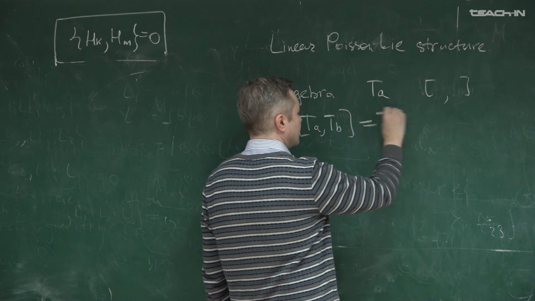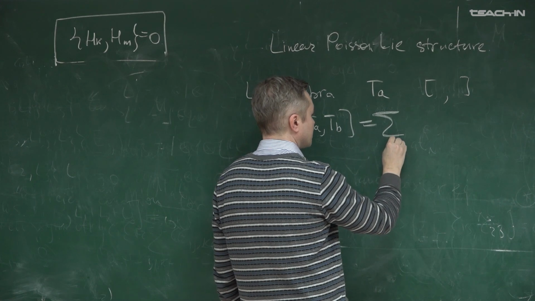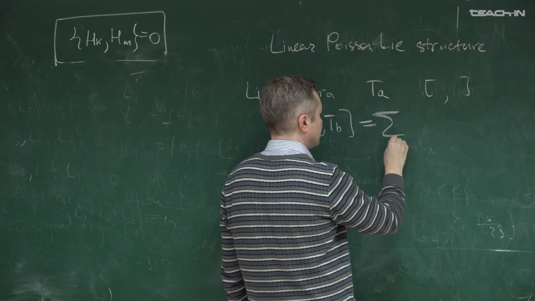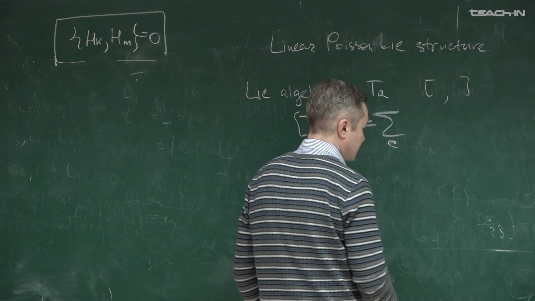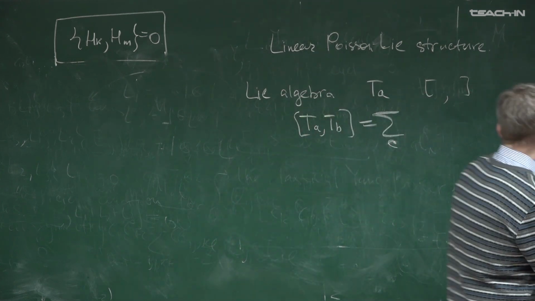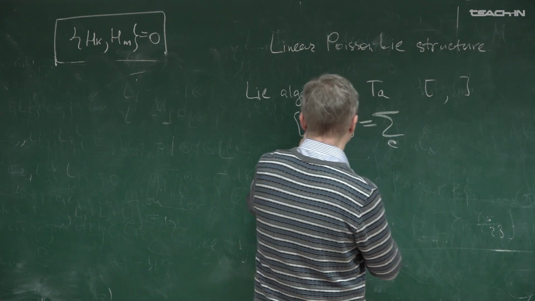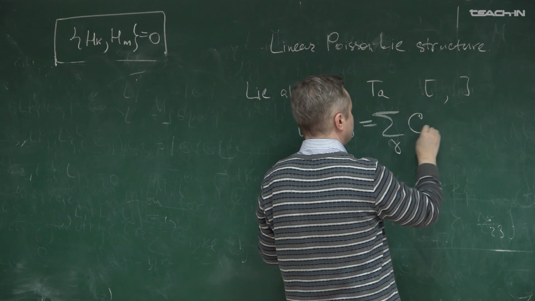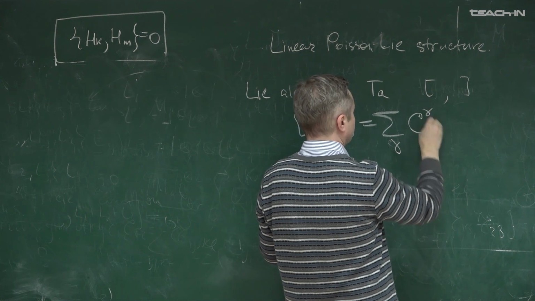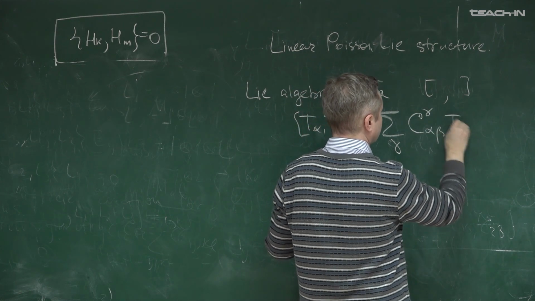So let us write it in the general form as follows. Let it be alpha, beta, gamma, and here C, like this.